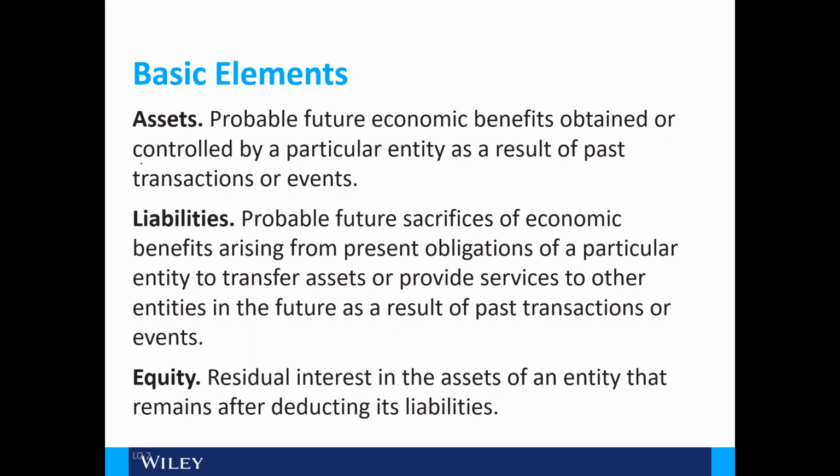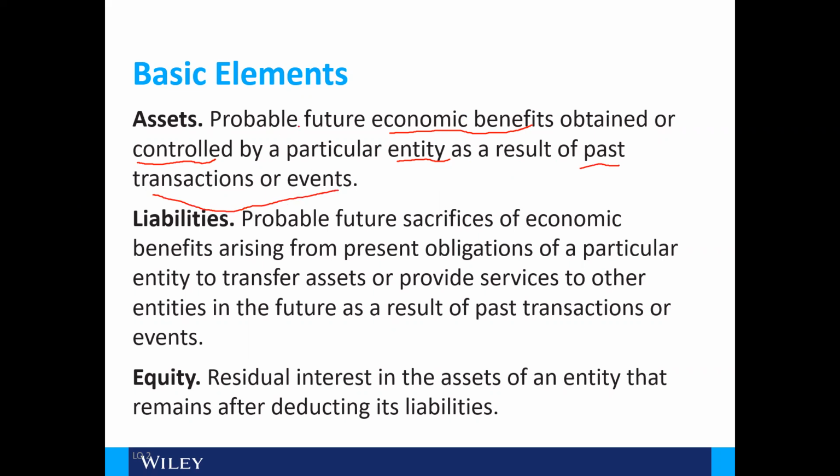I still get to see the word control. So we don't see the word resource, but we see the words economic benefits. But the entity controls those economic benefits. And this has happened as a result of something that happened in the past.